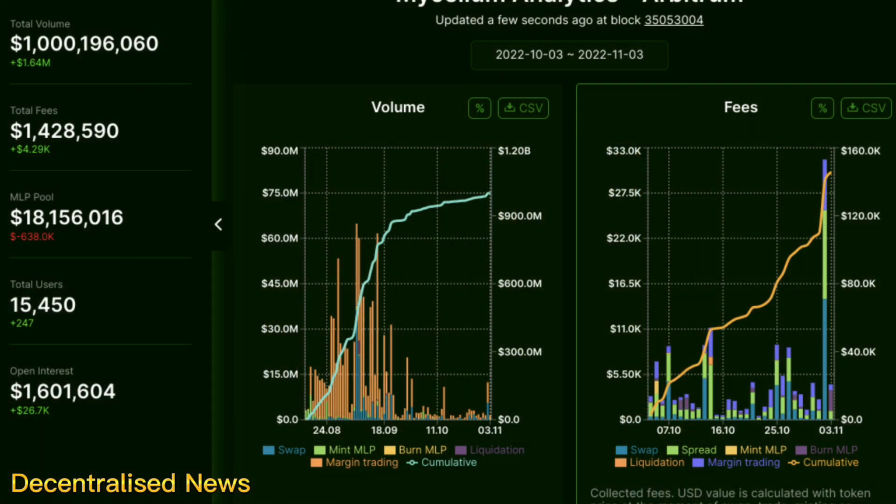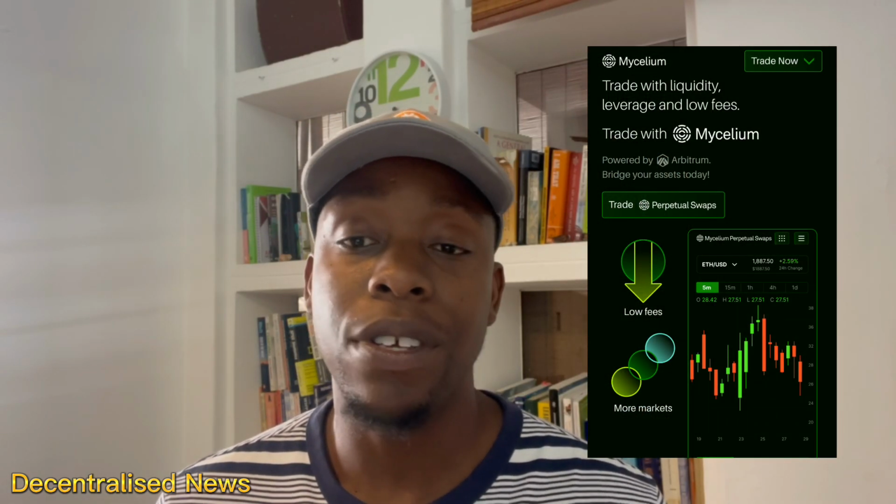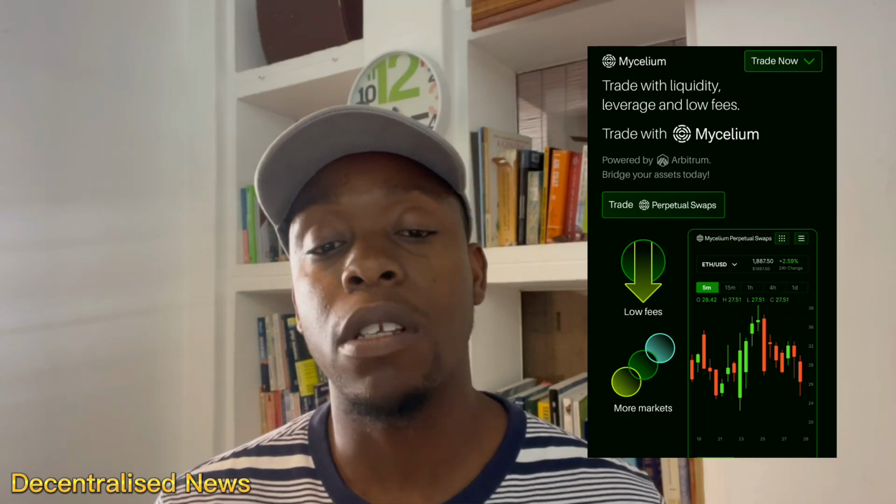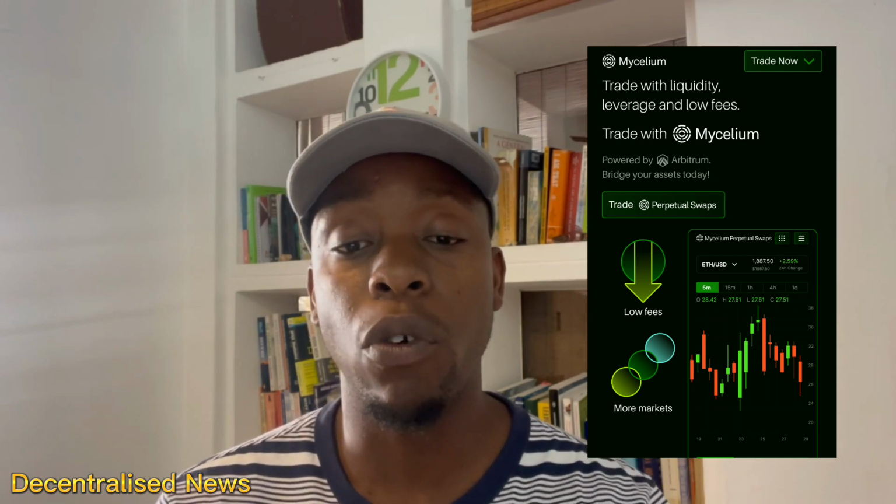The MPL performance is also very easy to track. So I'm also going to touch on what makes Mycelium Perpetual Swaps DEX quite unique. Traders that use Mycelium Swaps can expect low fees. I think you've got 0.09% entry and exit fees, which helps you maximize trading profits. They also have frequent rewards.